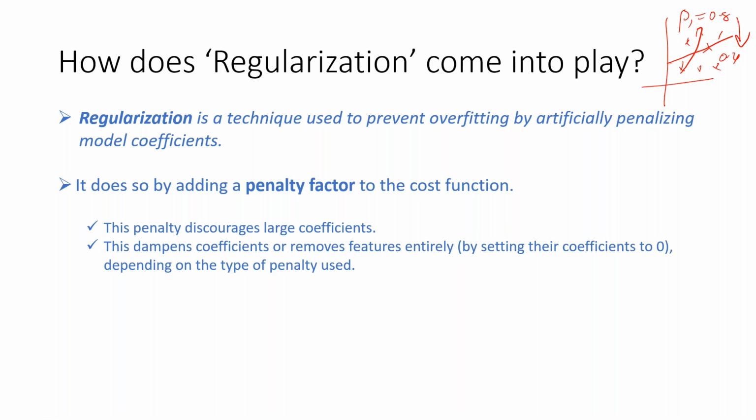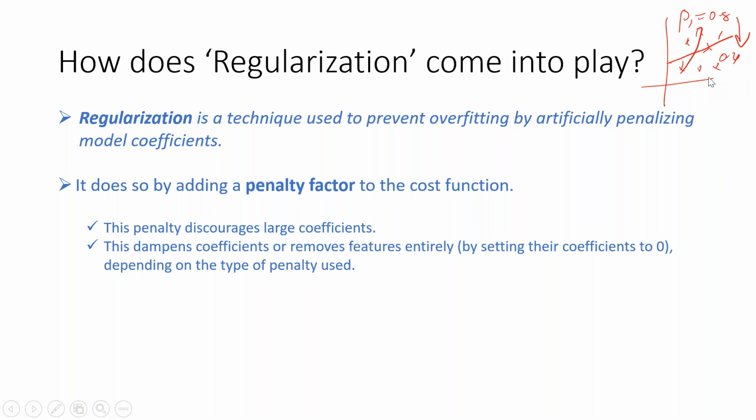Let's say I put a very large penalty, then I can bring beta 1 from 0.8 to 0, by adding one type of mathematics. Or with another type, whatever large penalty I add, beta 1 will slowly get close to 0, but it will never become 0.